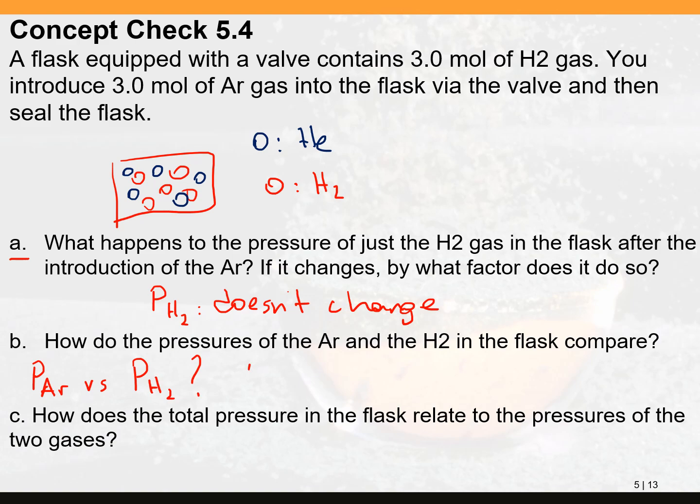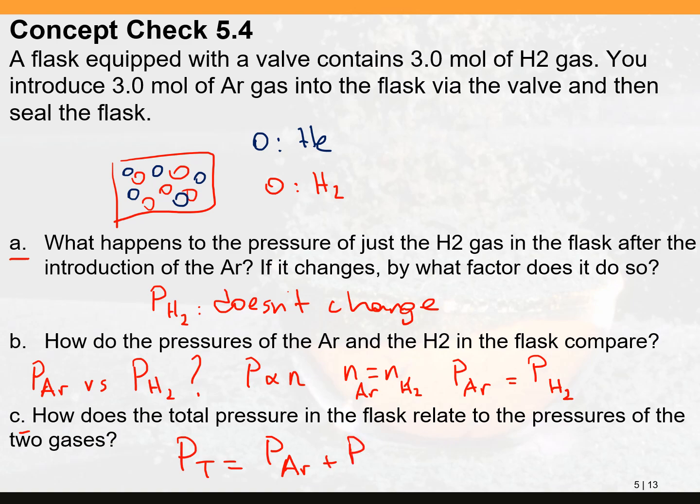Well, remember, for gases in the same container, pressure is directly proportional to the number of moles. Because their number of moles are the same, their partial pressures are also the same. The number of moles of argon and hydrogen are equal to each other. How about the total pressure? Well, the total pressure is equal to the argon pressure plus the hydrogen pressure.